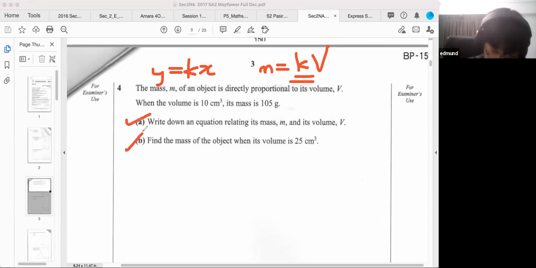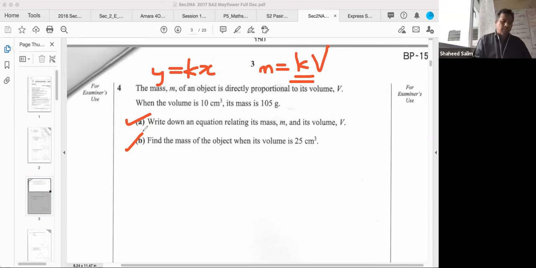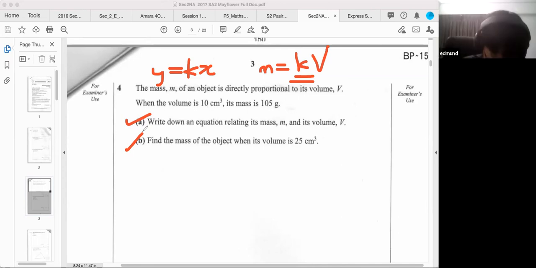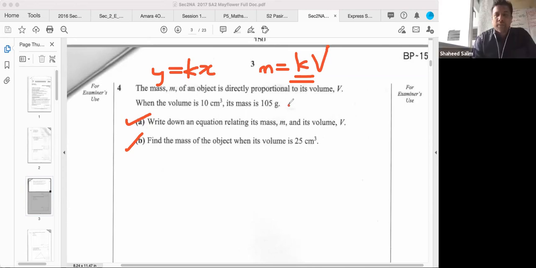Then you can find question B. M equals to 10.5 V. Okay, good.